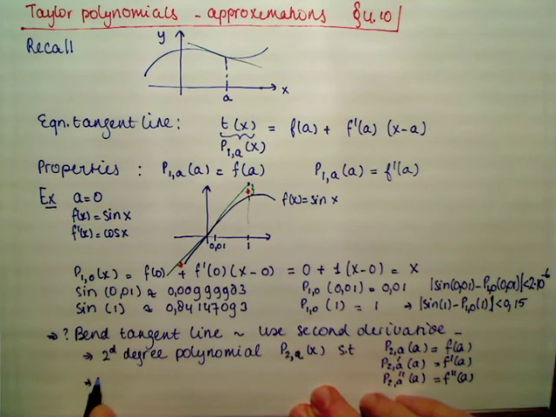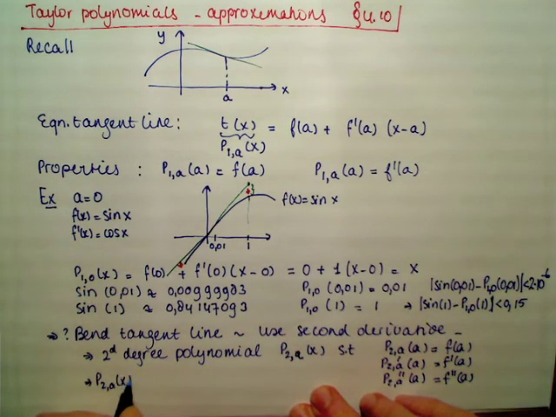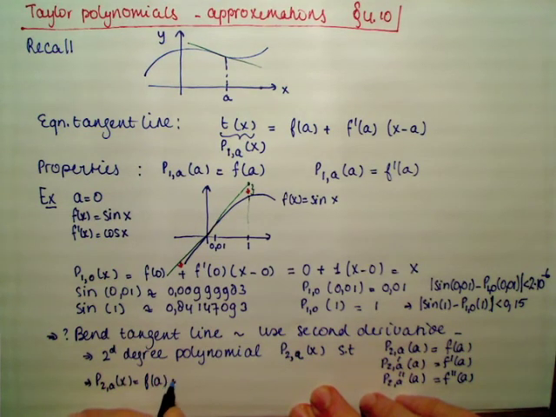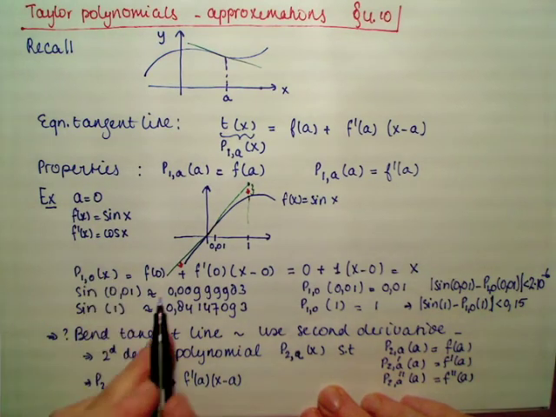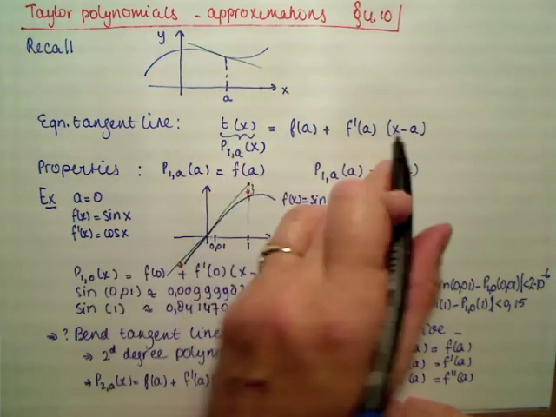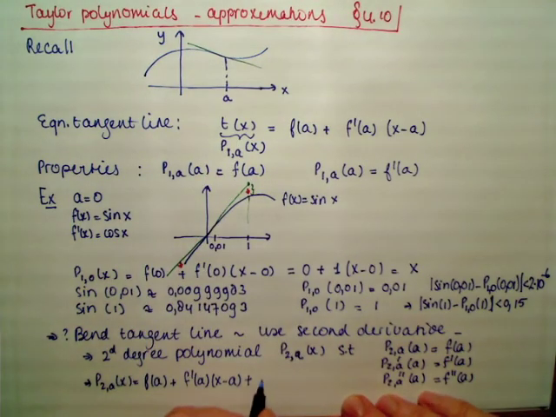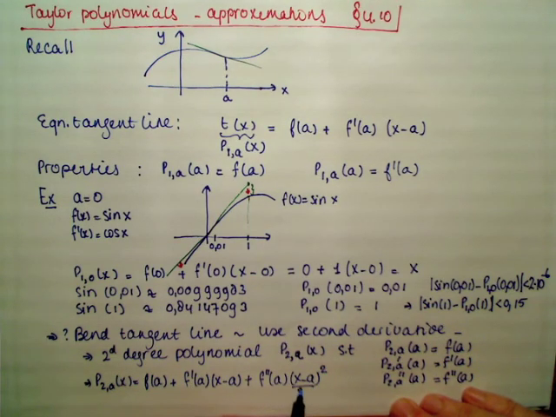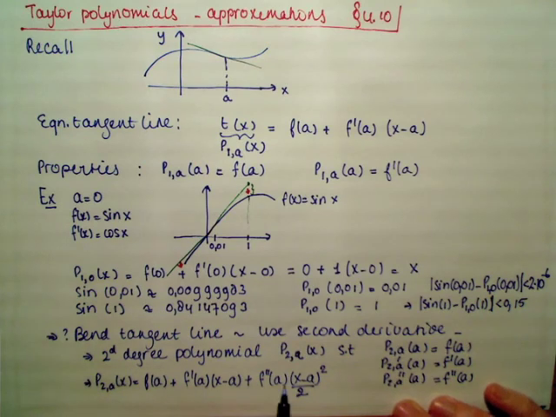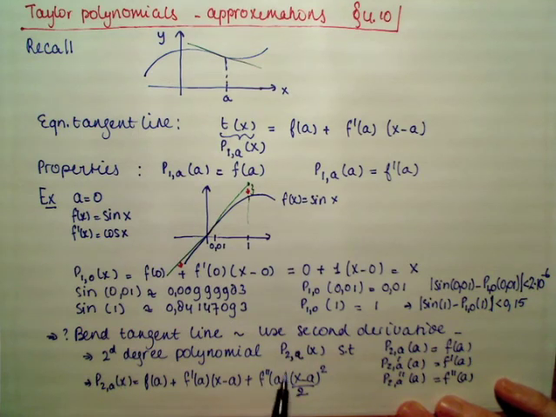It means that our second order polynomial should look like this. It is equal to the function value at A plus the first part, which is the same as our first order polynomial, plus a third term, which is the second derivative at A of our original function, multiplied by the difference of x and A squared, divided by 2. And if we now take second derivatives and plug in the value A, then we get precisely the second derivative of our function at the point A.